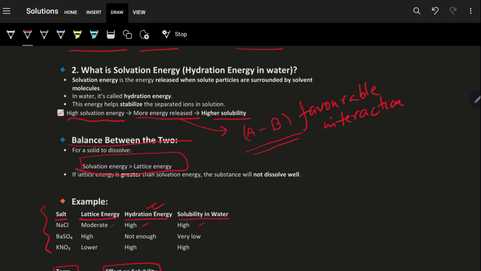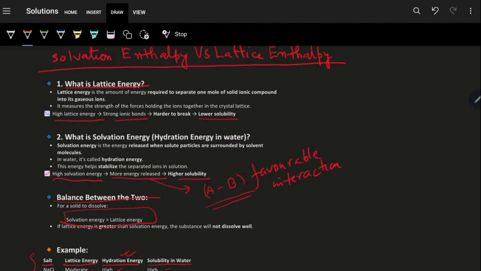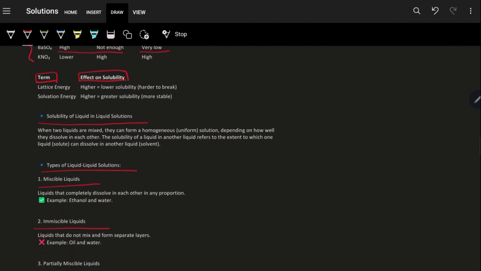But if the lattice enthalpy is high and hydration enthalpy is not enough, then solubility is low. So always the comparison between lattice enthalpy and solvation enthalpy judges what type of solubility will be there between the solute and the solvent particles.